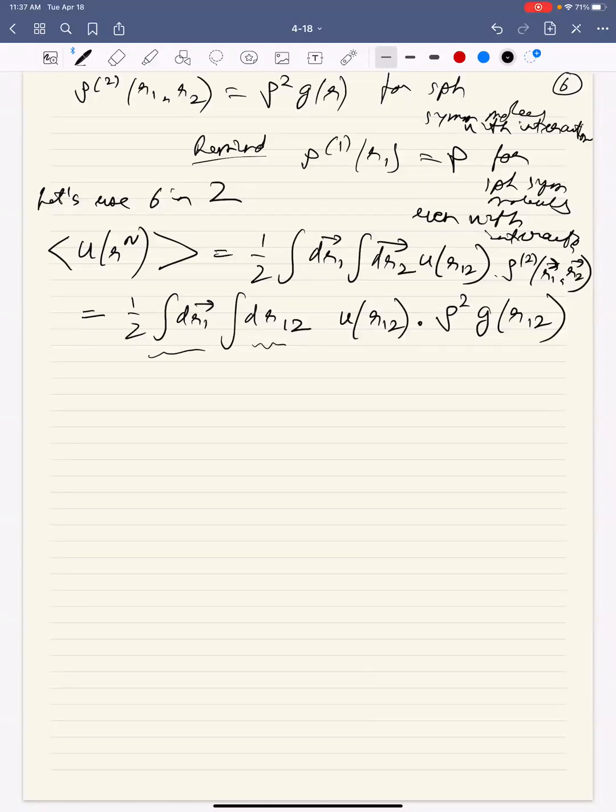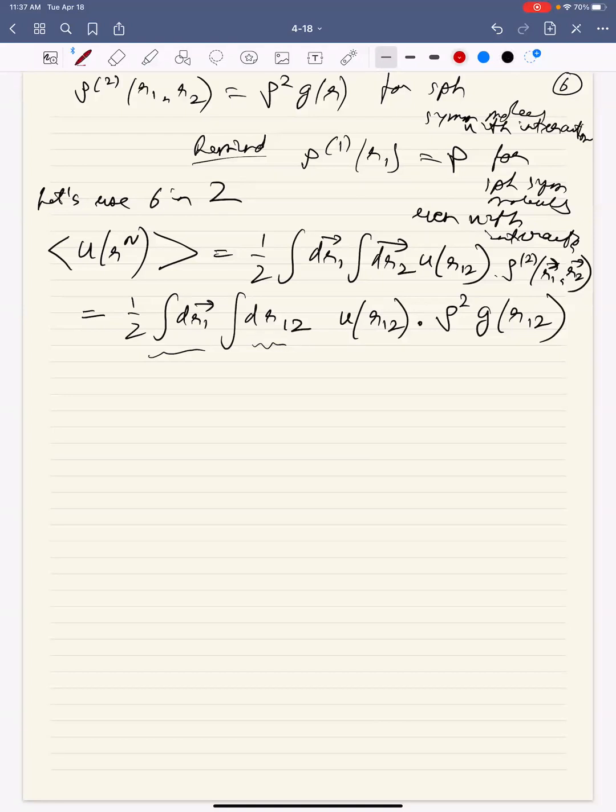Are we missing the solid angle? No, I don't think so. I will make a note here so I can look at it, but I don't think we are missing solid angle.